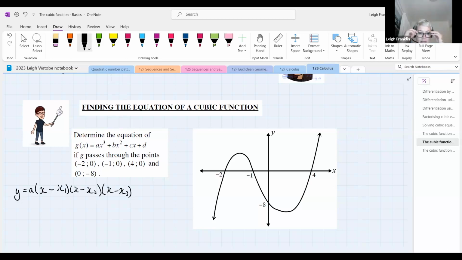Does that make sense to everybody? I mean, after all, last week we saw that when we factorized, we could have 3 x-intercepts, 3 brackets being multiplied together. So does it make sense that we could have this now? Everybody happy with us?